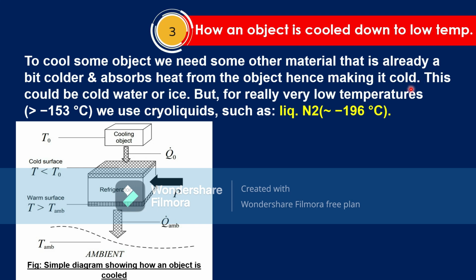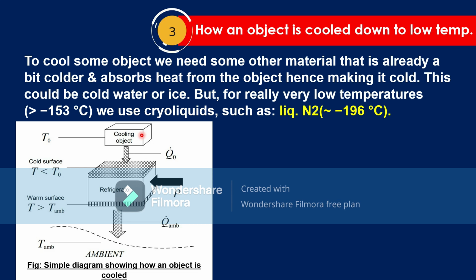So what do I mean by this? If I want to lower the temperature of this object, here I have written it. Sorry, not this object. This is the cooling object. Let's assume we have a bowl of rice and we want to cool down its temperature.